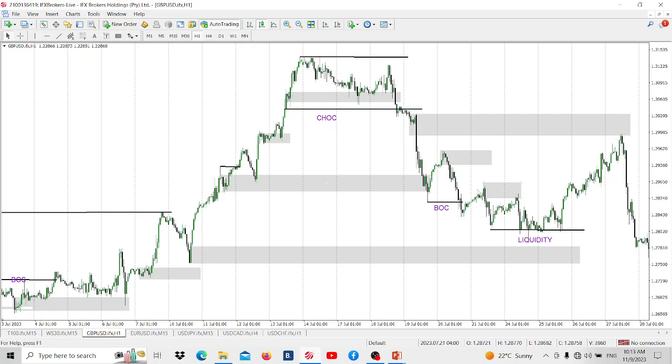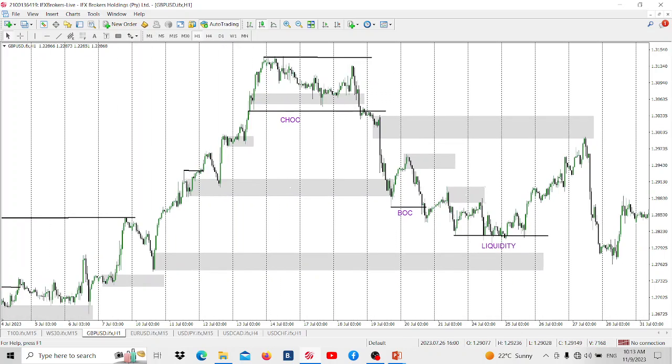It changed direction. We are looking for sell opportunities now, right? So this could be our last up candle.